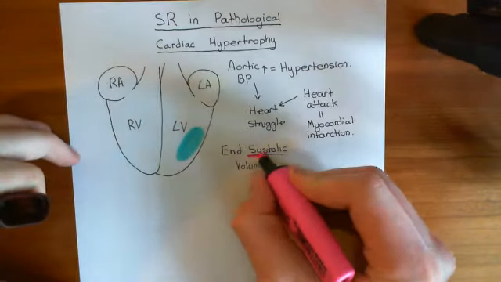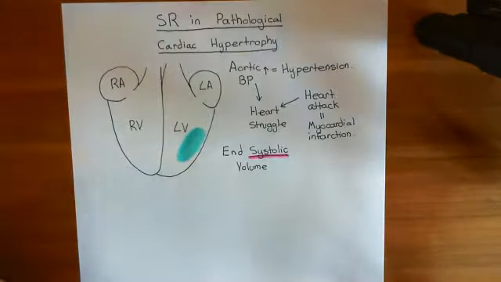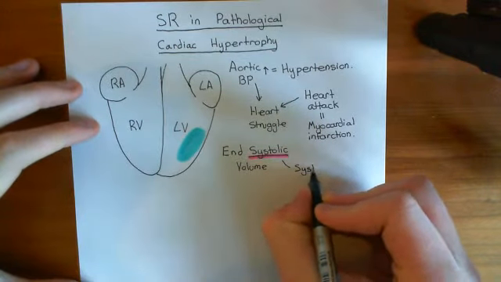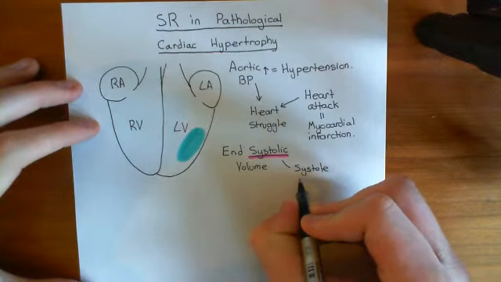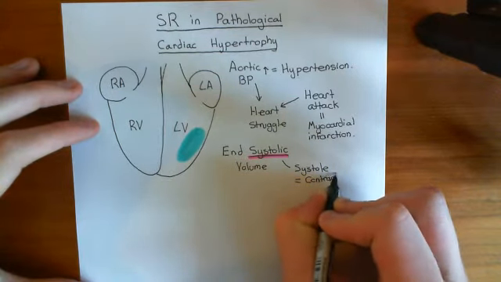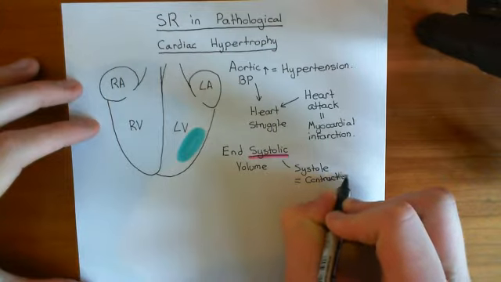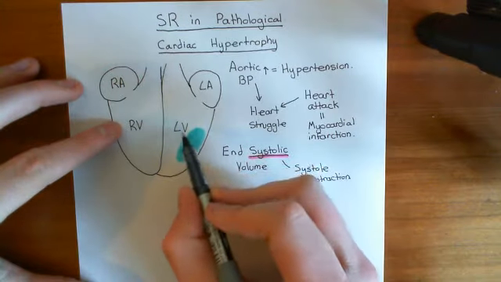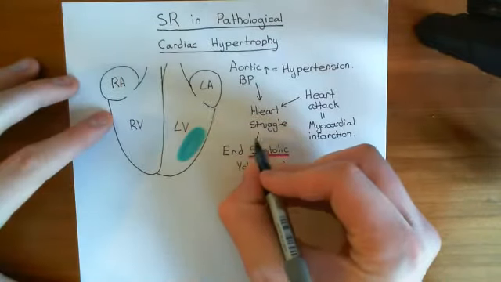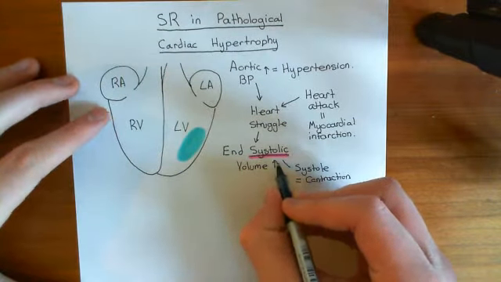So the end systolic volume is the amount of blood left in the left ventricle after it has fully contracted. So the end systolic volume is going to go up, basically.